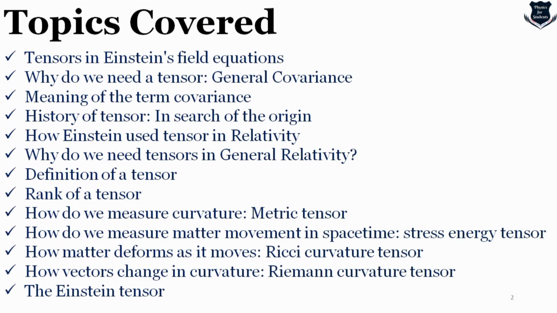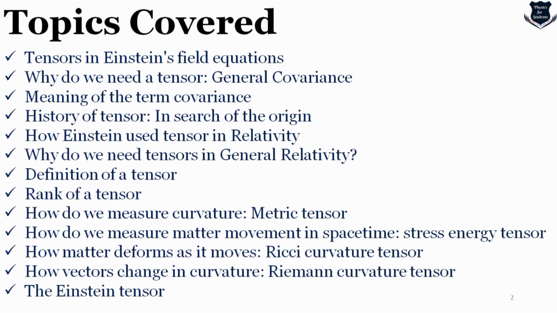We also need to know why we need to use a tensor at all. What is the meaning of the term covariance? And what is the history of tensors? Can we find out the origin, who coined the term tensor, and how Einstein started using tensors in relativity?